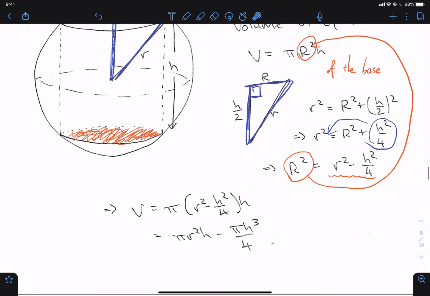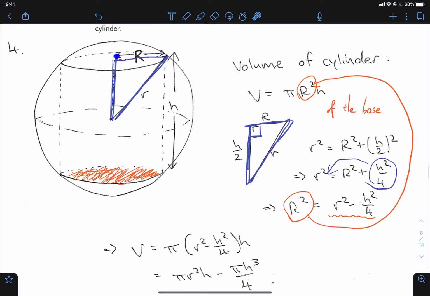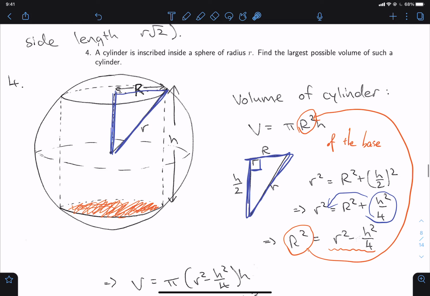You might be wondering, we replaced this capital R with a lowercase r, so we still have two variables, right? But that is not the case. Remember, capital R here can change depending on your design, but the lowercase r here is a constant, a fixed number. That is the radius of the sphere. It was originally given, right?